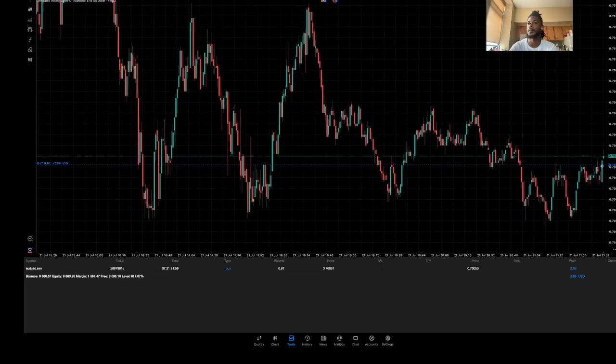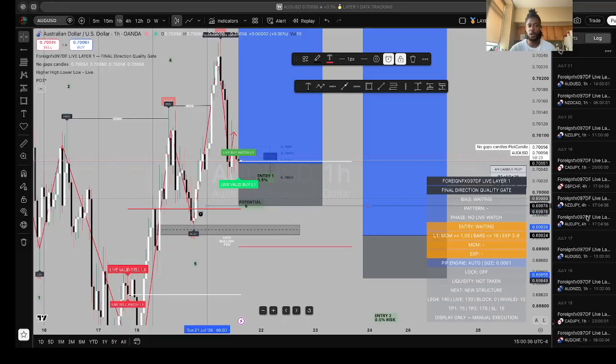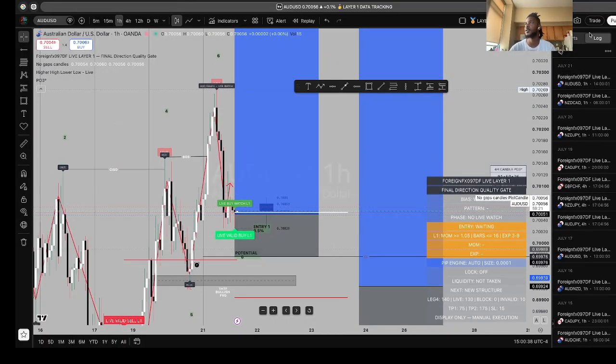Okay, so now I am going to set my stop. So SL. Now I would have my alert. So SL it. And just remember, you guys are not seeing my TradingView chart, so this is what the trade looks like right now.